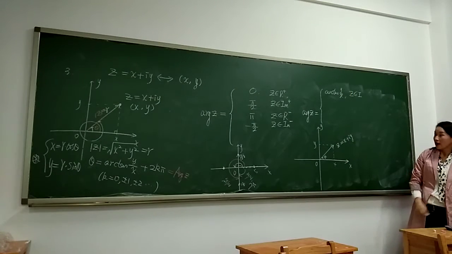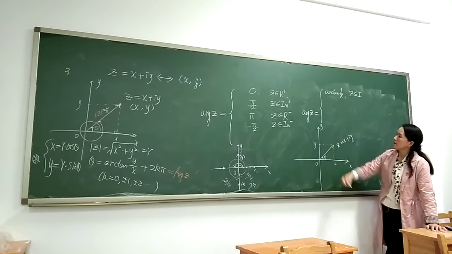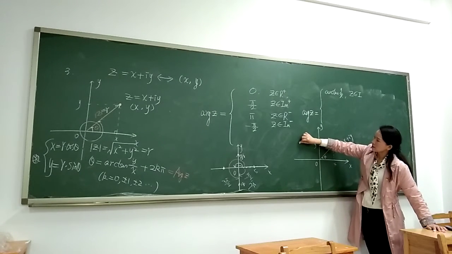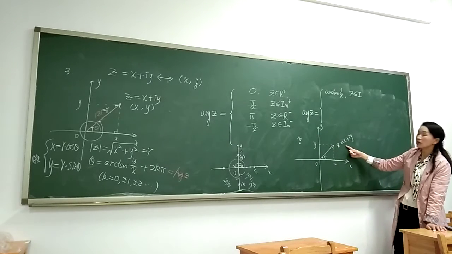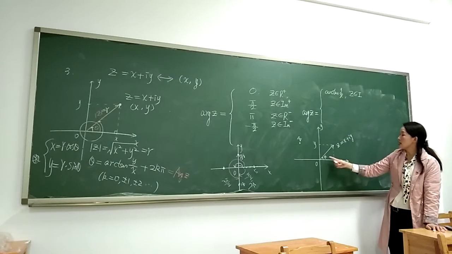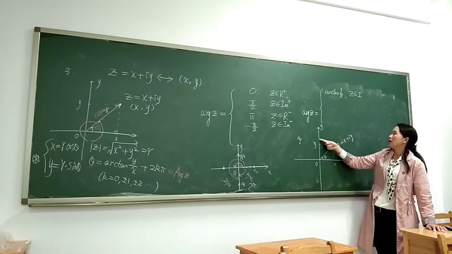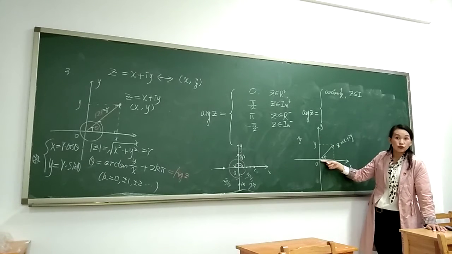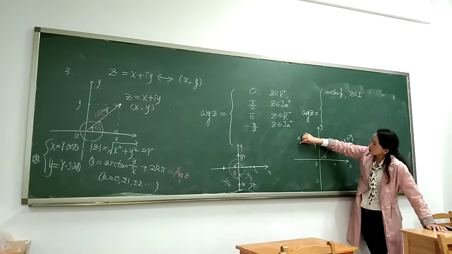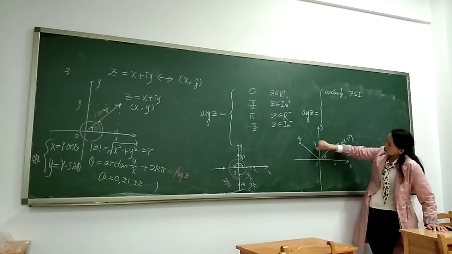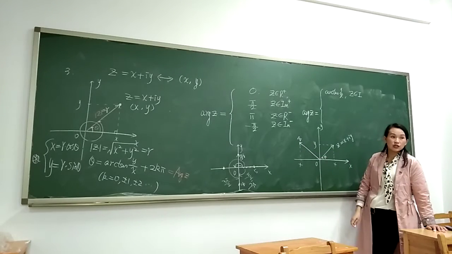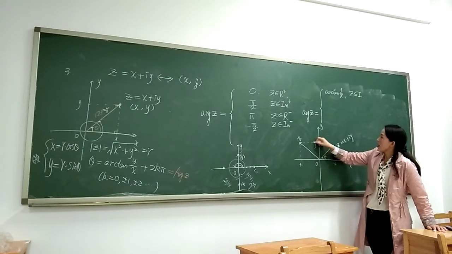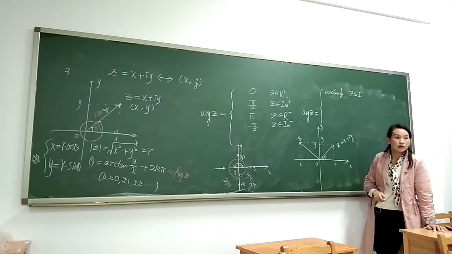Yes or no? But if z belongs to here, if it belongs to the first quadrant, this theta is more than 0, less than pi over 2. But if z is here, this x is negative, this y is positive.